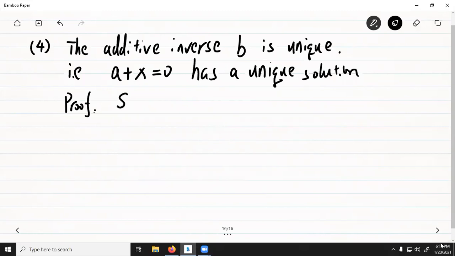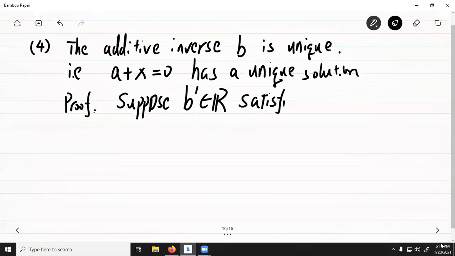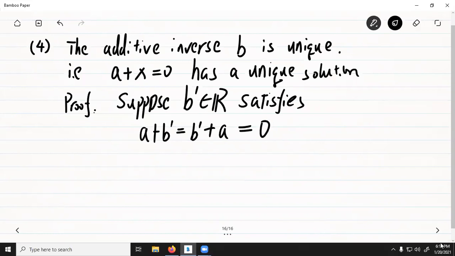So suppose we have a B prime, which is a real number, satisfies A plus B prime equals B prime plus A. This is the commutative law, right? Equals 0. So this B prime is from the definition of the additive inverse. So this B prime must be an additive inverse, right?